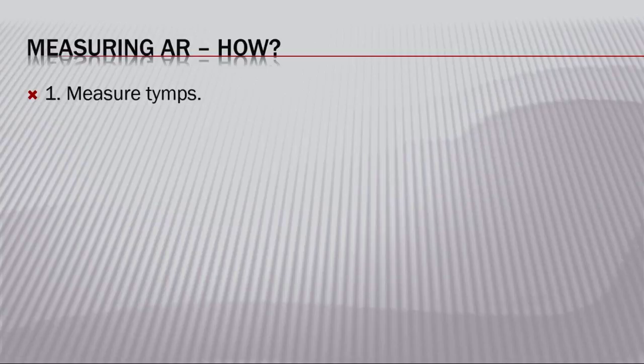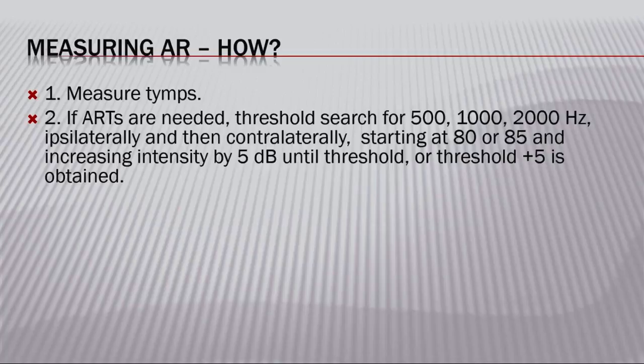So clinically, to measure an acoustic reflex, you're always going to do temps first to be sure that temps are normal. And then if acoustic reflexes are needed, you're going to do a threshold search. So you'll see them called ARTs, acoustic reflex thresholds. Again, the threshold is what you're measuring and what you're writing down on the audiogram.